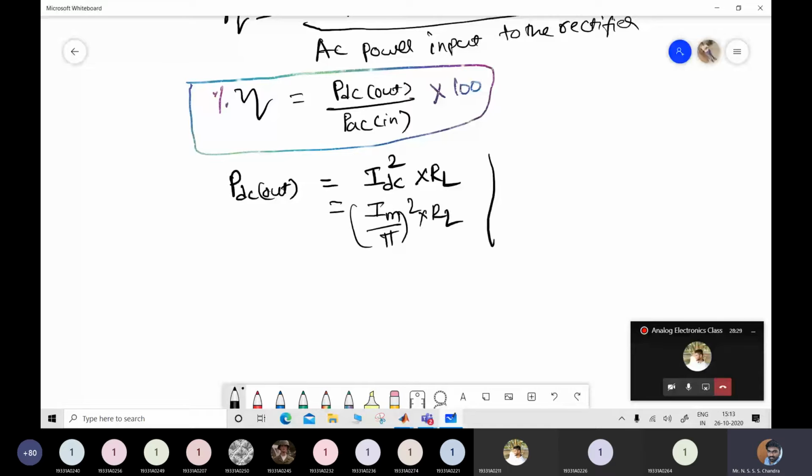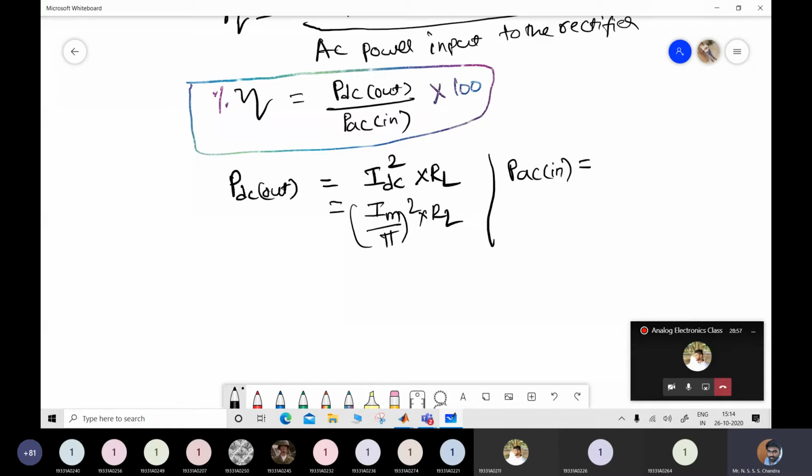Okay, and then we have to write PAC in. So PAC in is nothing but the power given at the input terminals of the circuit. The power given from the secondary of the transformer is equal to the power consumed by the diode, and then the power consumed by the load.